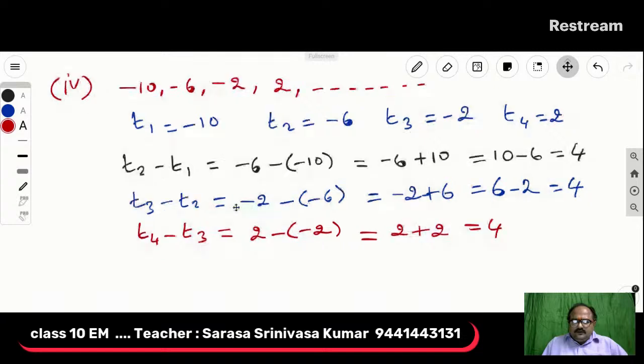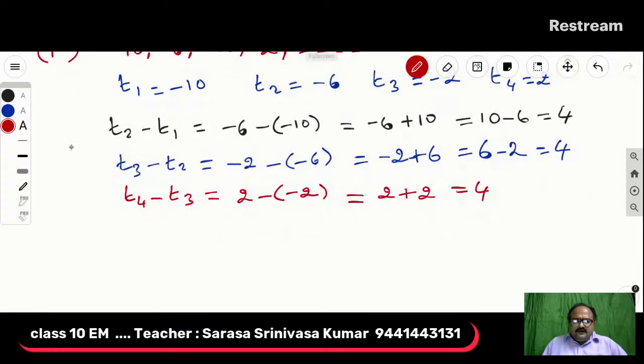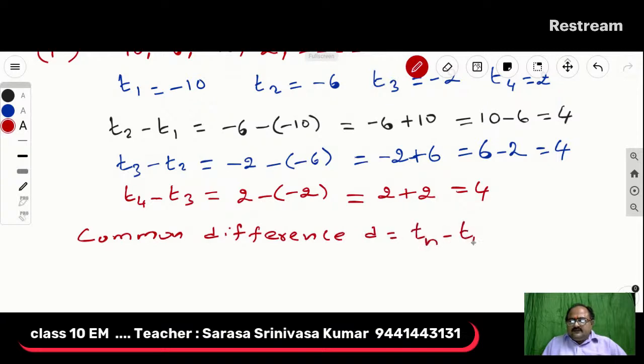So therefore common difference D equal to nth term minus n minus 1th term. This is equal to 4.